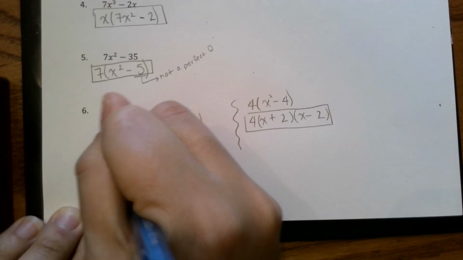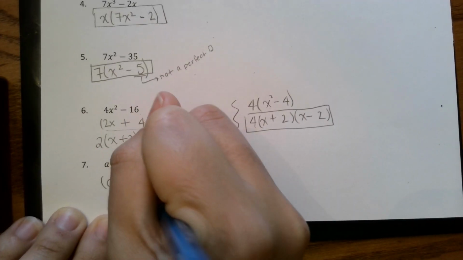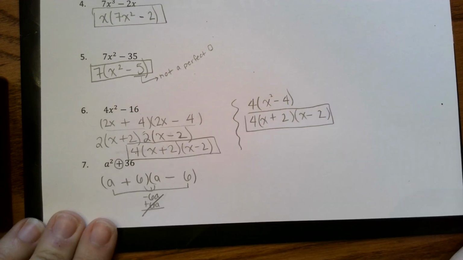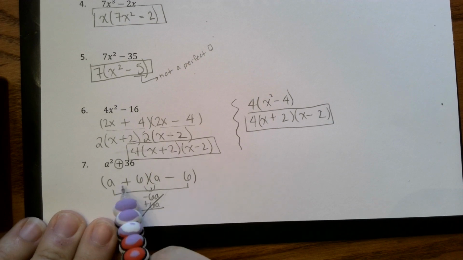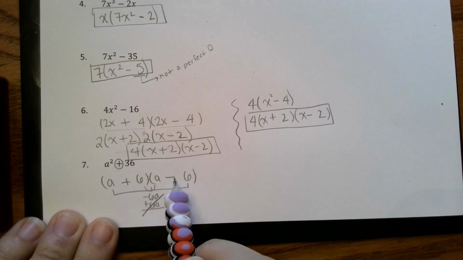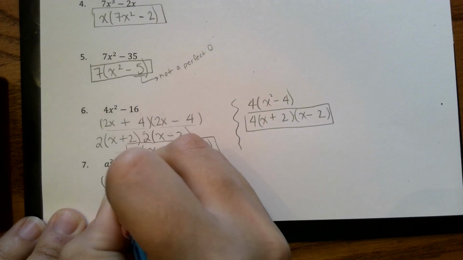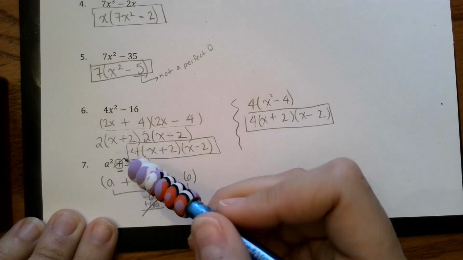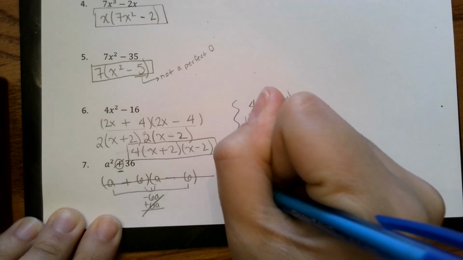That's the only way that you're going to get negative 6a and positive 6a and that middle term to cancel. So if the middle term has to cancel, then the signs have to be opposites. And if the signs have to be opposite, then this can only be negative 36. And since this is positive, we actually can't factor this.